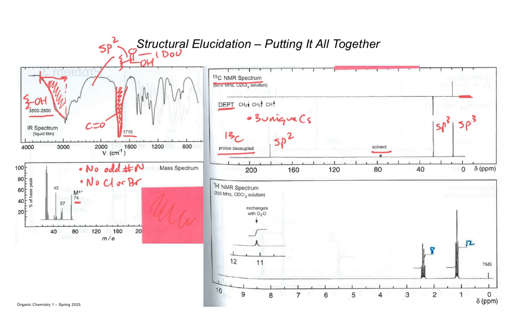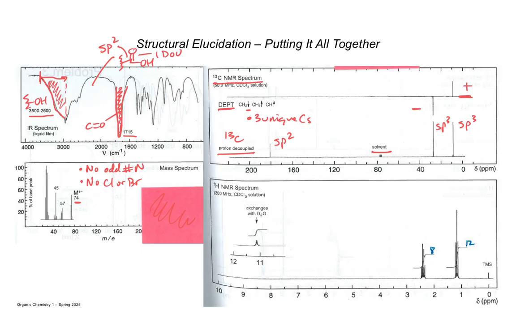If you see a signal up, that's phased positive. If you see a signal down, it's phased negative. And what the key is telling you is that the signal that's down, that's what this little arrow means in the key. That's a CH2 group.